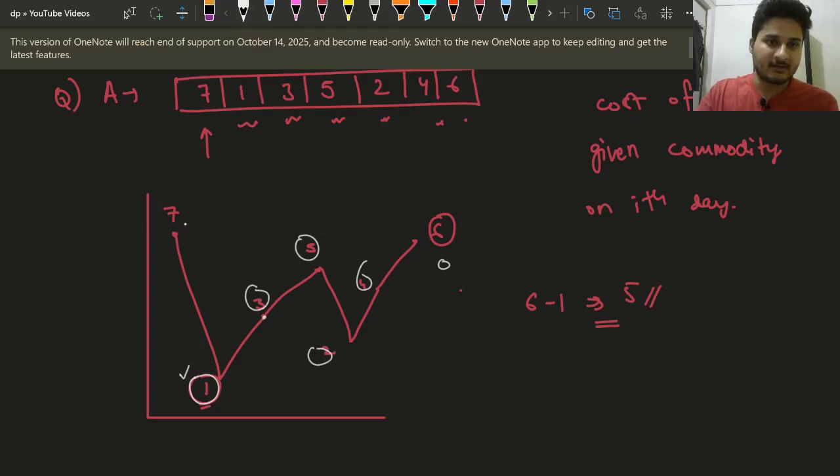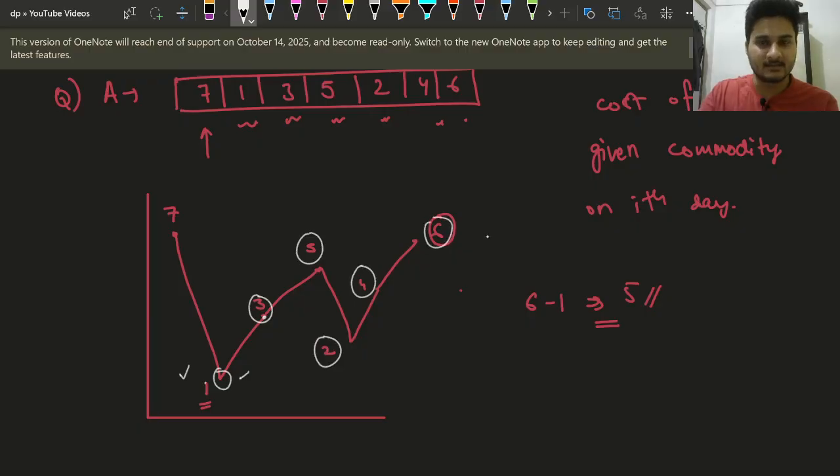After that iteration for 7 is done, we will do the same for 1: buy at 1, sell at 3, sell at 5, sell at 2, sell at 4, and sell at 6. We'll keep track of the maximum profit so far. Then we will repeat this process for 3: 3 5, 3 2, 3 4, and 3 6.